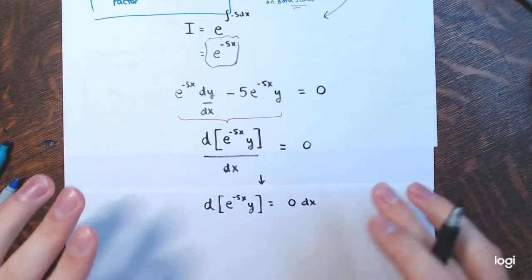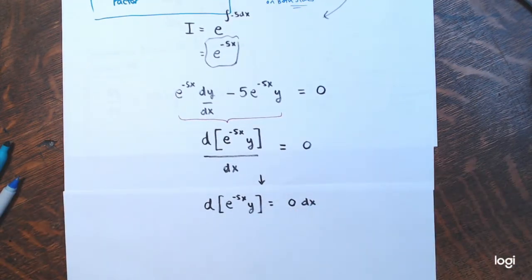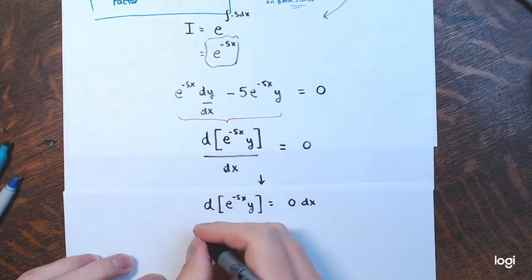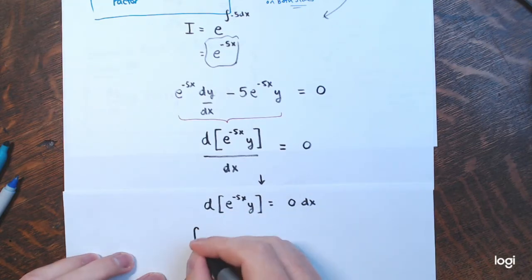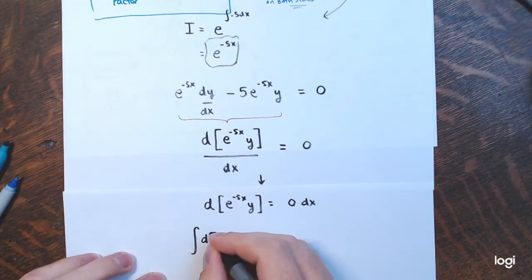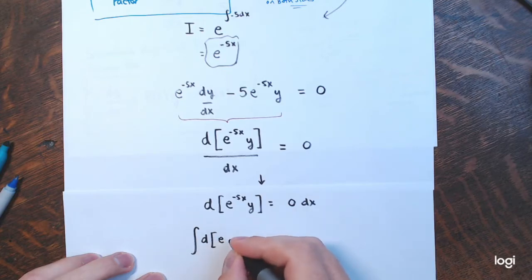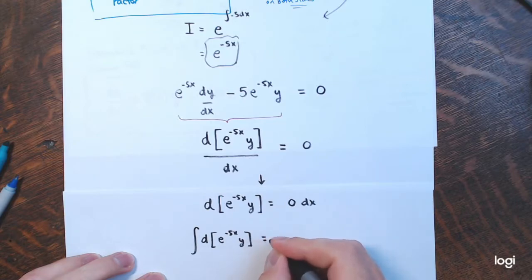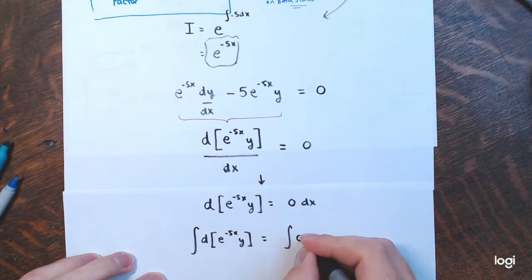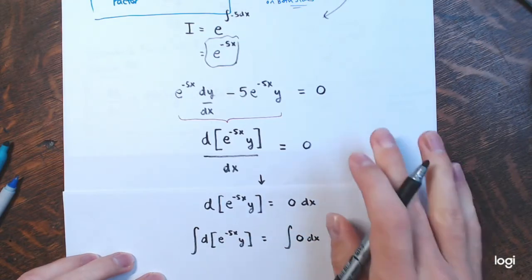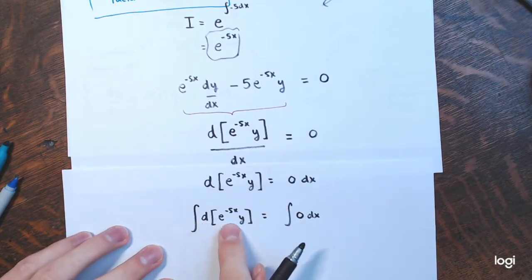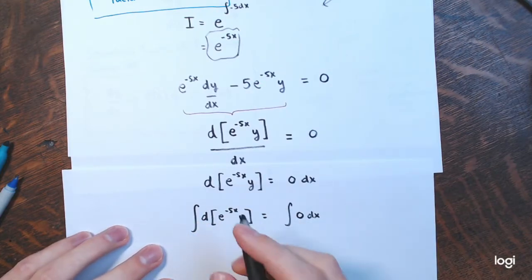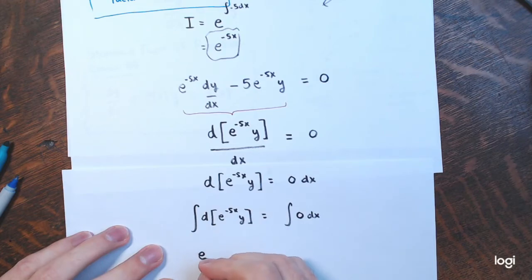And integrating both sides. Remember, this integral symbol kind of just undoes a differential. And the integral of a differential is just the function itself. So what's left over here is e to the negative 5x times y.